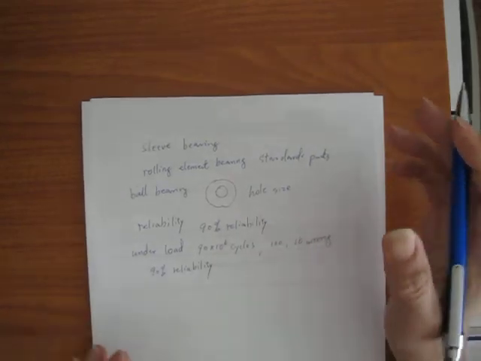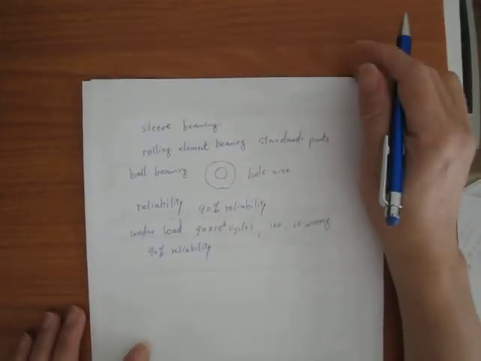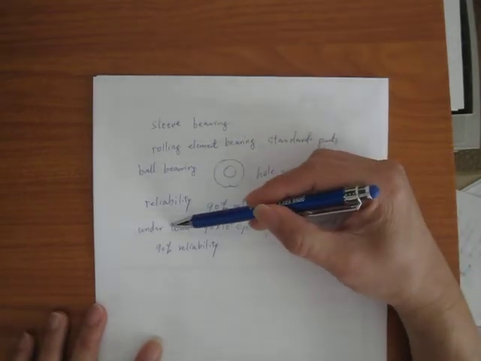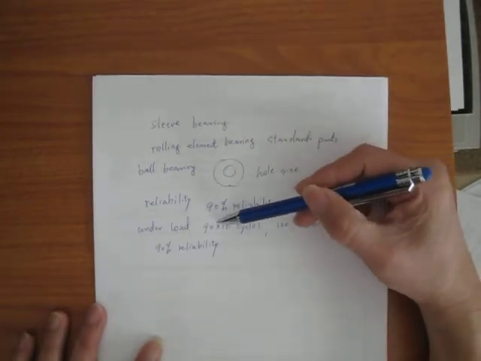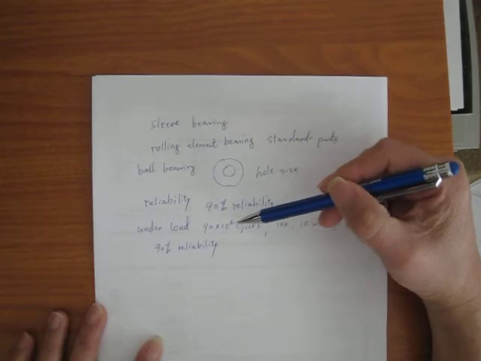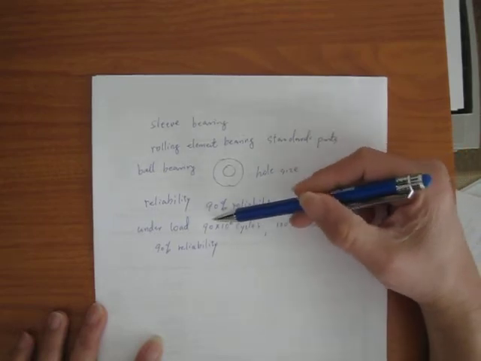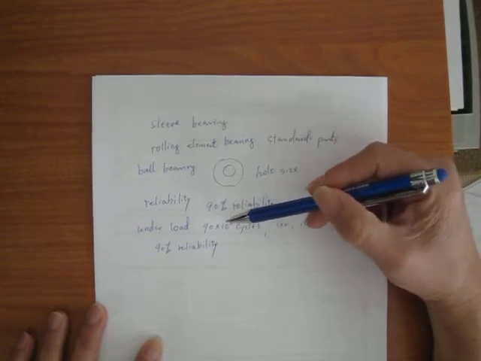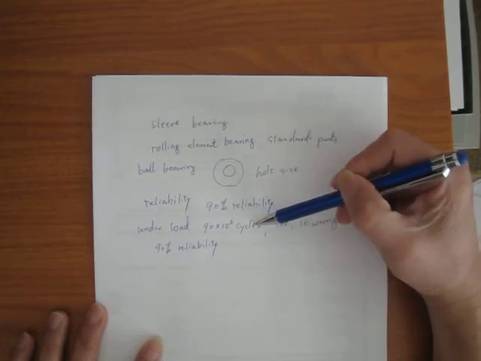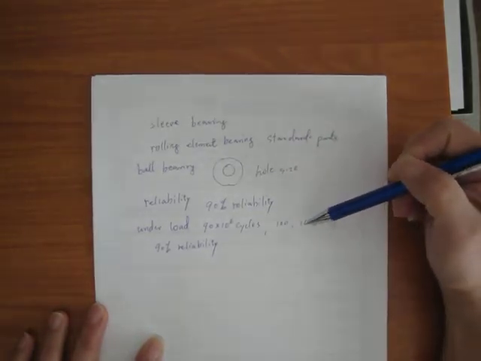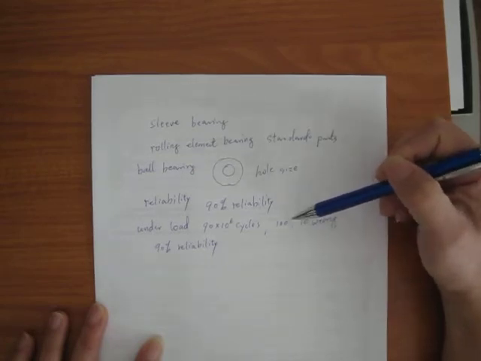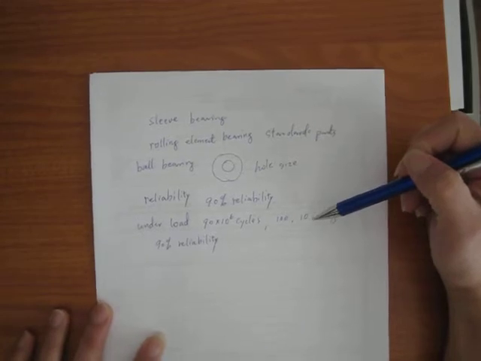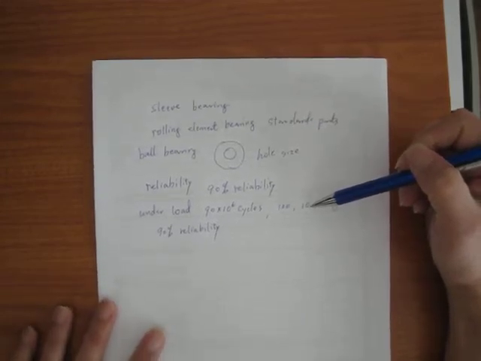So it's a kind of complex concept because it involves load, involves life, how many cycles, and there's a big number here, 90 times 10 to 6 cycles, 90 million cycles. And then 90% is good, 10% is bad. You would say, wow, 10% is bad.